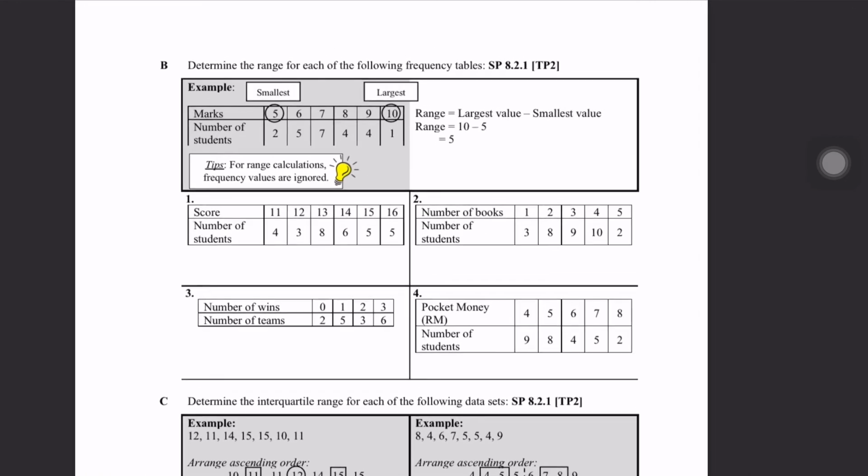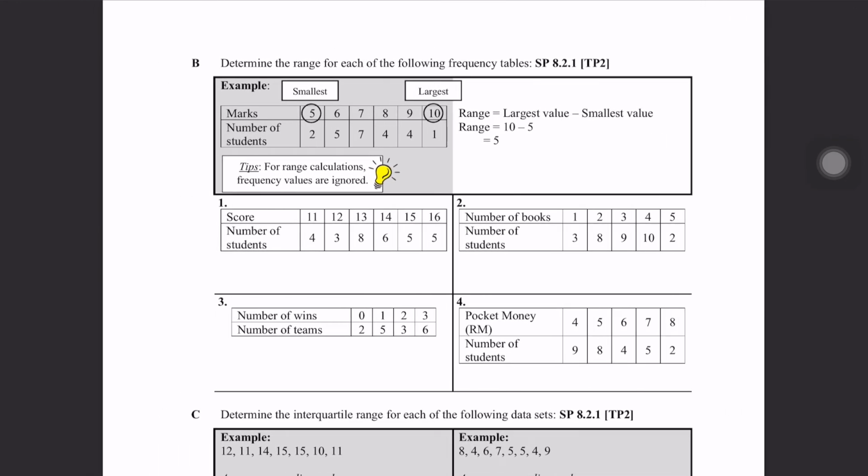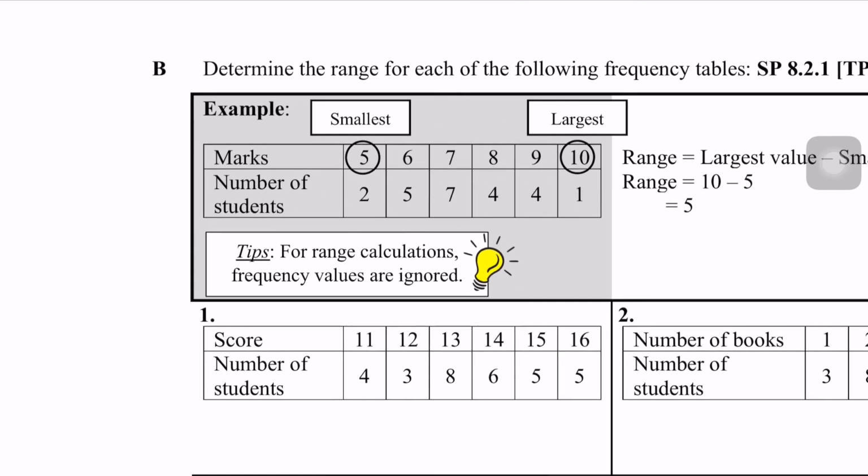Okay, next, B. Determine the range for each of the following frequency tables. Ini kalau kita ada data dalam bentuk frequency table pula. Macam mana? Okay, look at this example. So we have marks 5, 6, 7, 8, 9, 10. Kita ada number of students.